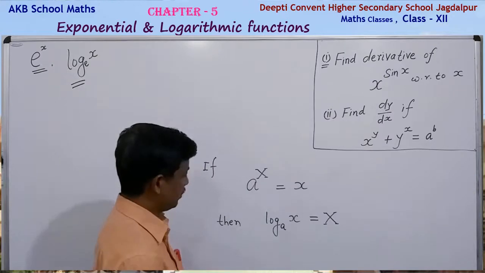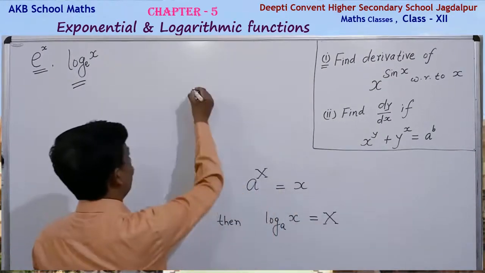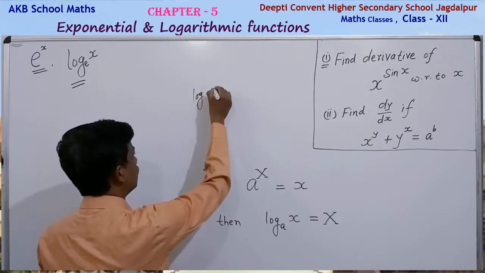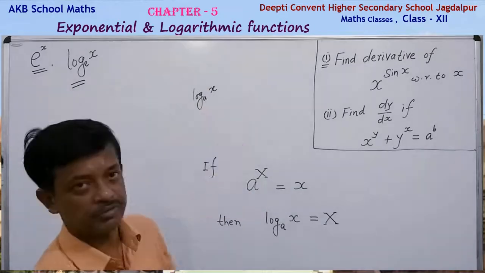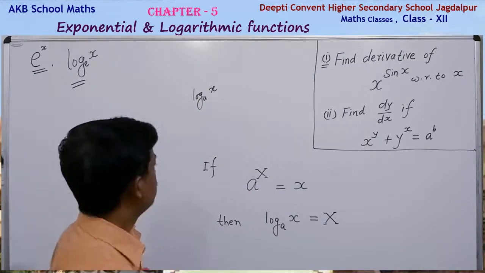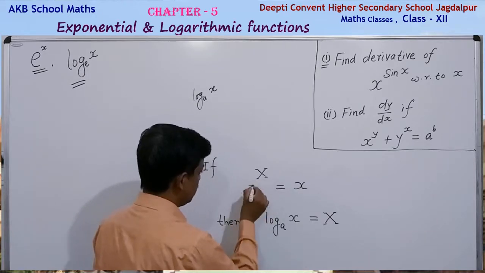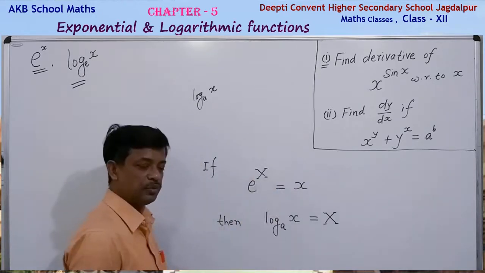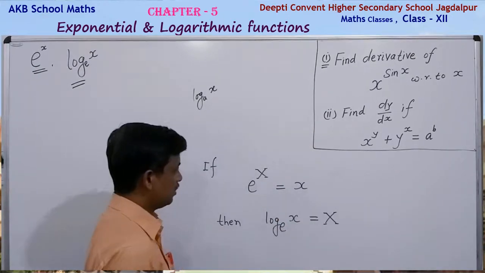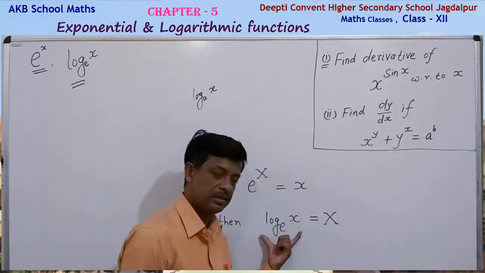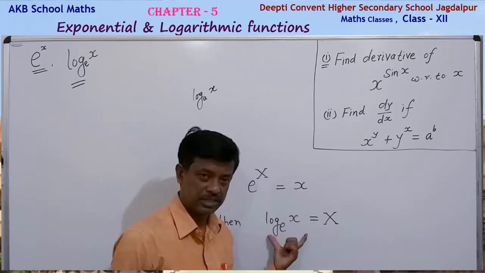This is called the common logarithmic function: log of x to the base a. If we take e to the power x, then this is called the natural logarithmic function.